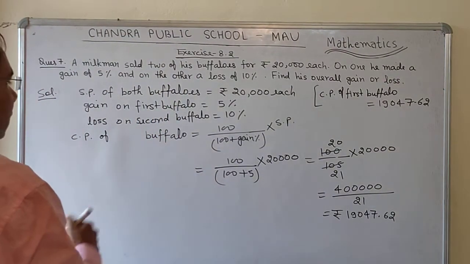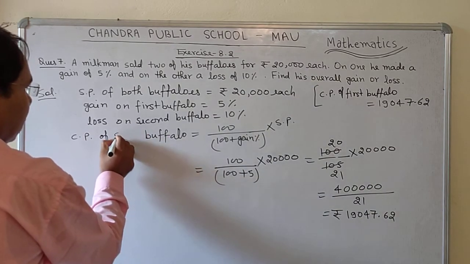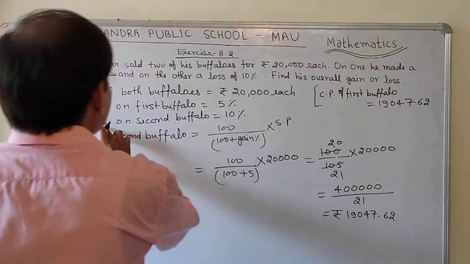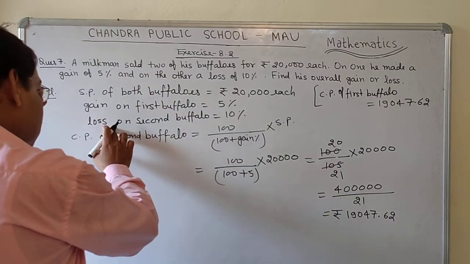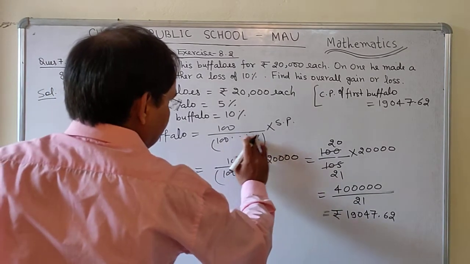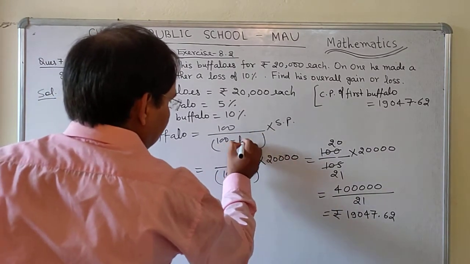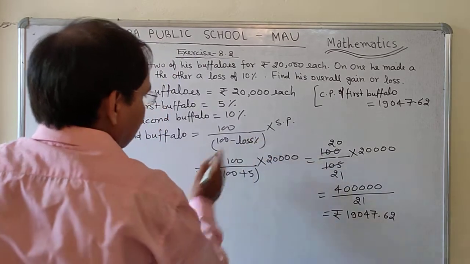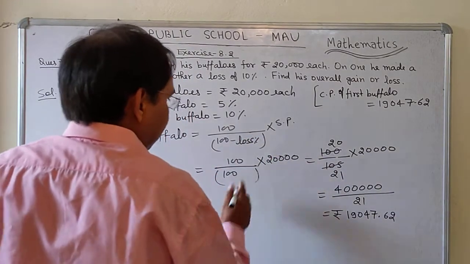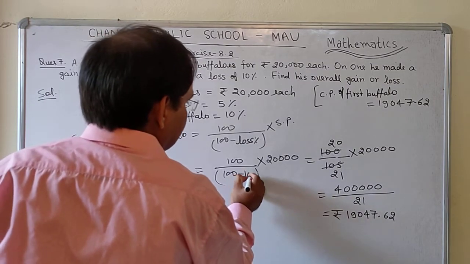Here, CP for the second buffalo. On the second buffalo he is going to get a loss of 10%. So in the formula it will be minus. If there is a loss, it will be minus loss percent. Now it will be 100 minus the loss percentage 10.